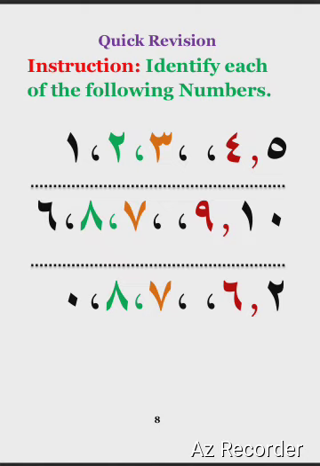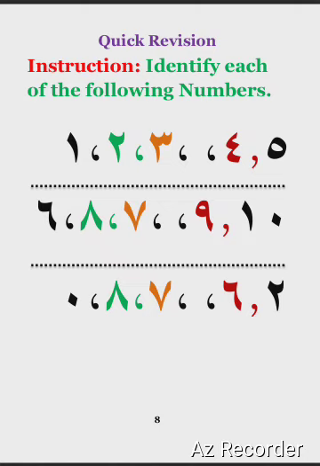Try to distinguish between اثنان and ستة. The leg of اثنان is fixed on the left hand side, while the leg of ستة, 6, is fixed on the right hand side.